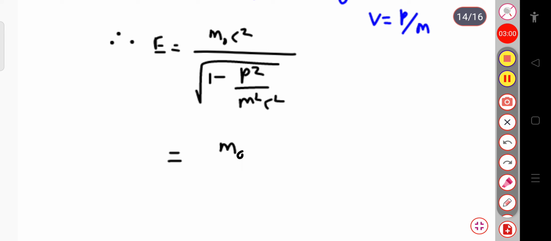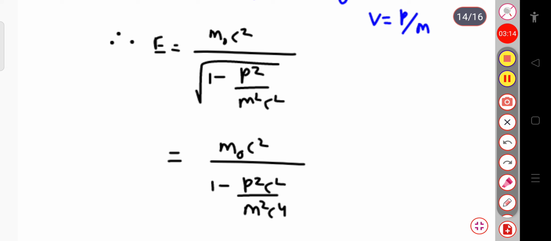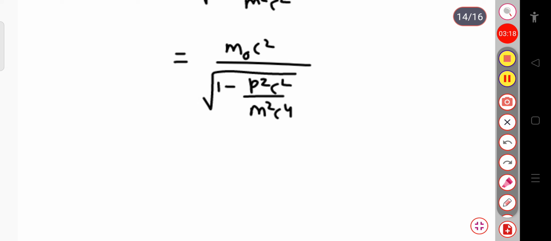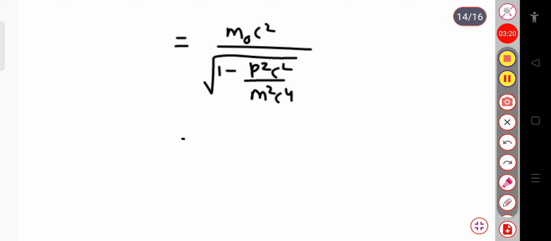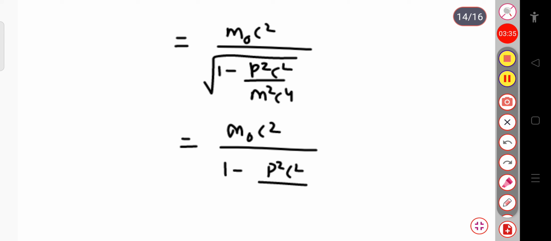If I solve this, this is equal to m naught c square divided by 1 minus, let me multiply and divide by c square in the denominator and numerator, p square c square divided by m square into c power 4, and the whole root. This is again equal to m naught c square divided by 1 minus p square c square divided by, since E equal to mc square, E square will be equal to m square into c power 4.